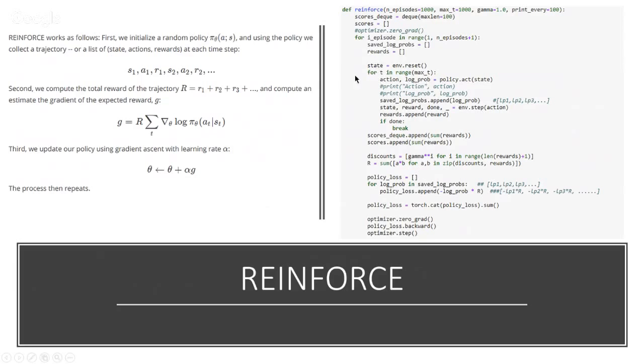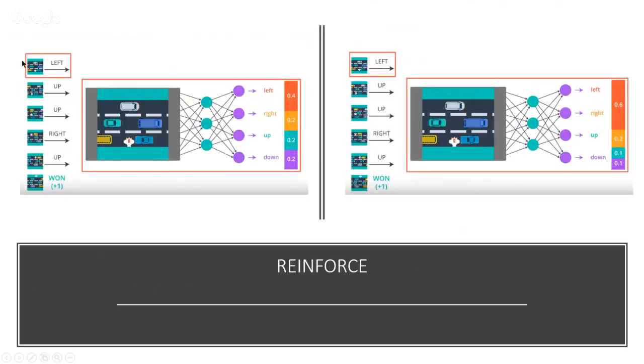Let me finish this. We compute the total R, then we compute this function: the log probability times R. To review, this is the probability of taking action A given state st. Given this state, I took this action, so what was that probability? It was 0.4.